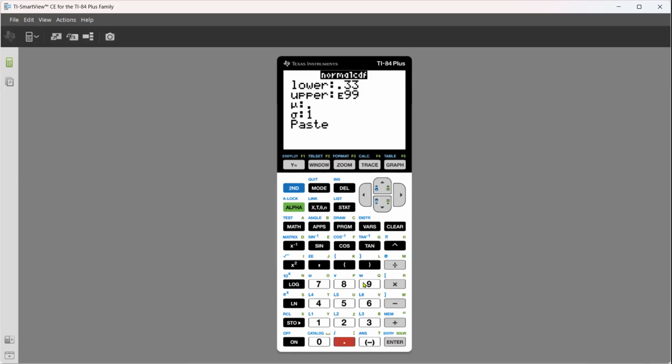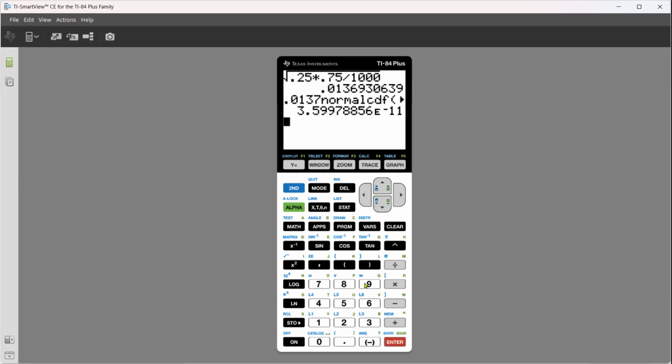So it's 0.25. And your sigma is your 4 decimal places, 0.0137. Okay, that's your sigma. Paste it and then do this.